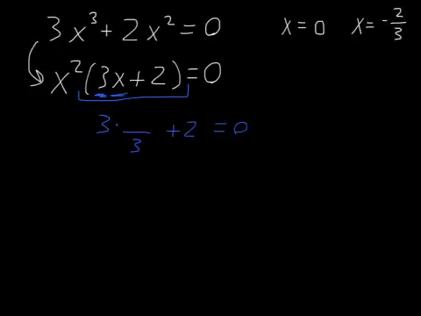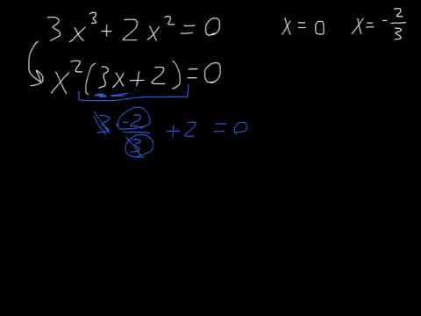Getting closer to what the answer is going to be. Well, these 3's are going to cancel out. Hey, check that out. So our answer is negative 2 thirds. When we plug in negative 2 thirds into this equation, we get 0.